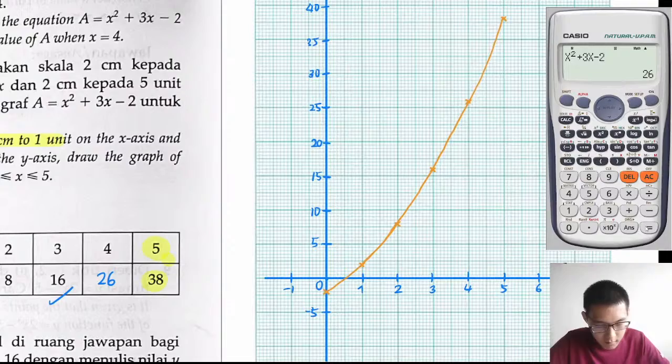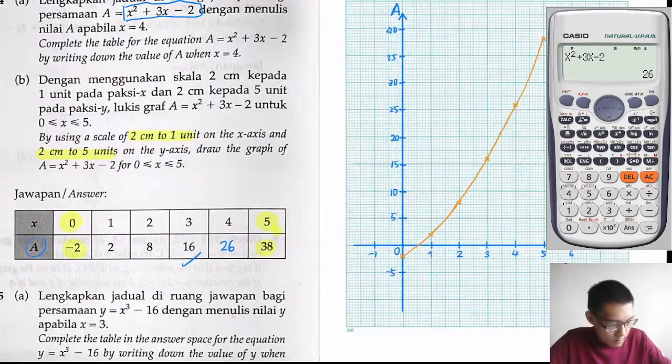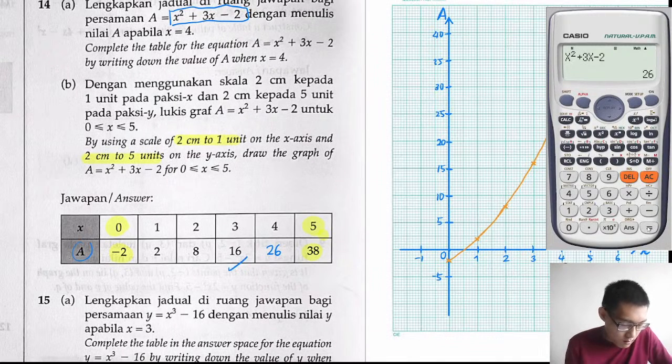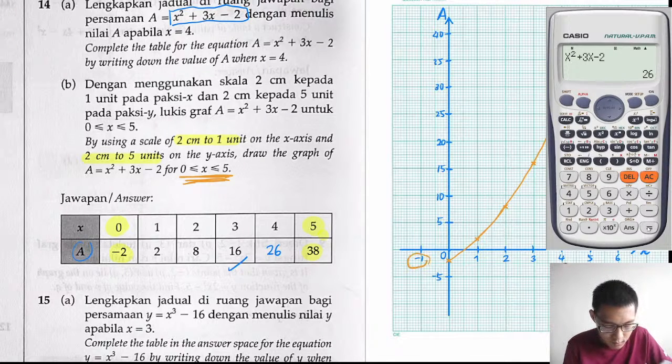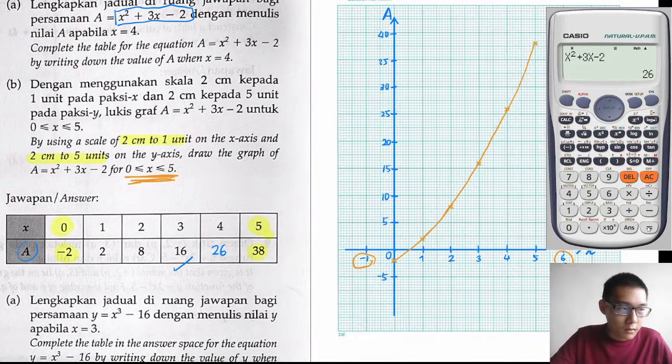Okay, so you try to draw. Next, the question asks about what? If a question says 0 until 5, and you draw until 6, it won't deduct your mark, but we need the object.